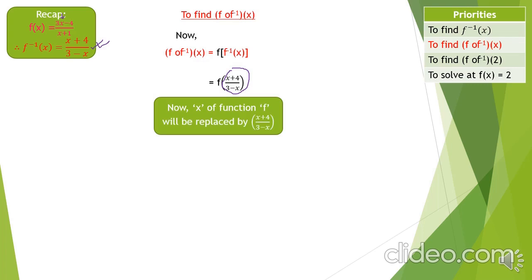Now let's do it. There will be more fractions. Now we have to take LCM also. In the numerator part, 3x plus 12 after multiplication, and after taking LCM in both numerator and denominator.